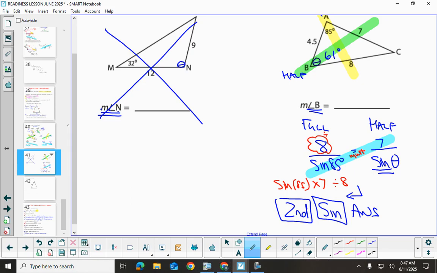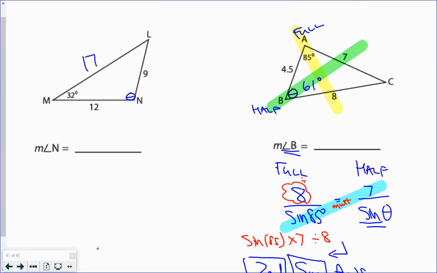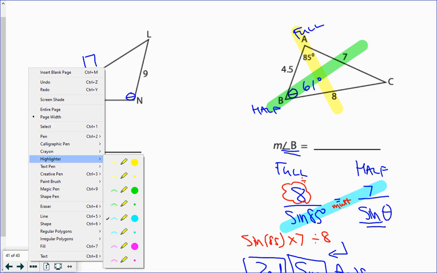Okay, let's go back to this guy. I'm going to change the question a little bit. I'm going to make that 17. Okay, so let's try this first one again. First things first, find your full set.